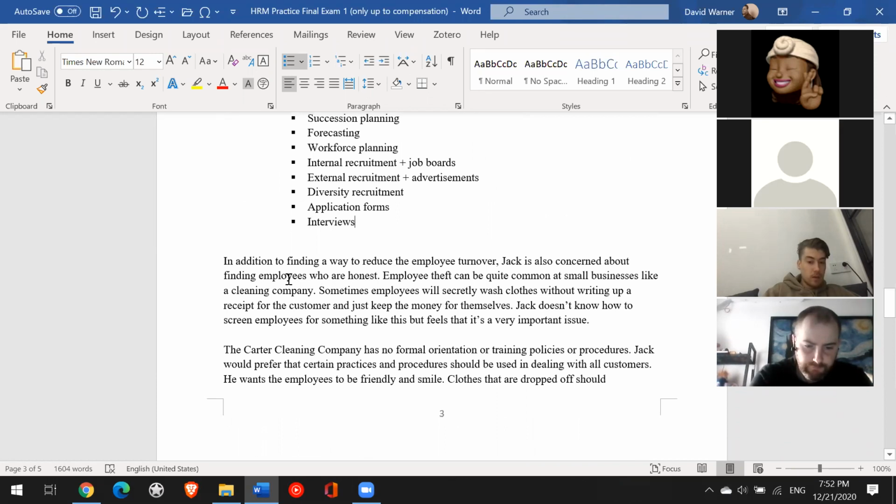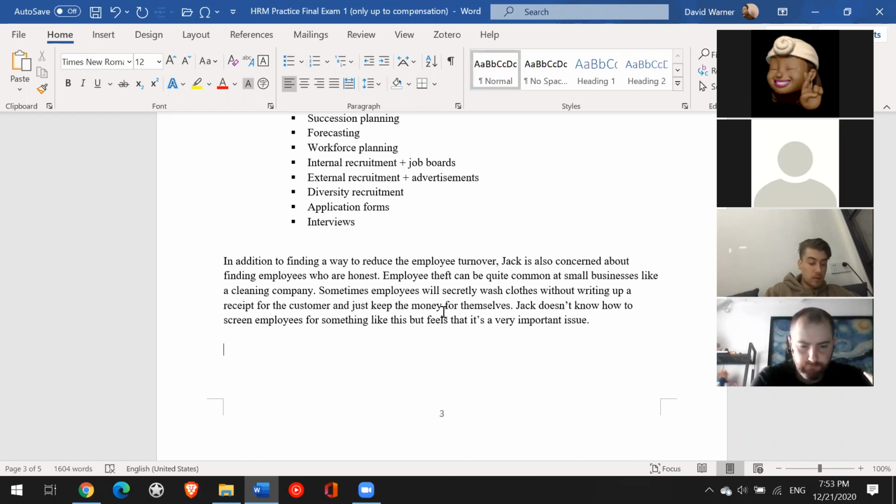In addition to finding a way to reduce the employee turnover, Jack is also concerned about finding employees who are honest. Employee theft can be quite common at small businesses like a cleaning company. Sometimes employees will secretly wash clothes without writing up a receipt for the customer and just keep the money for themselves. Jack doesn't know how to screen employees for something like this, but feels it's a very important issue.